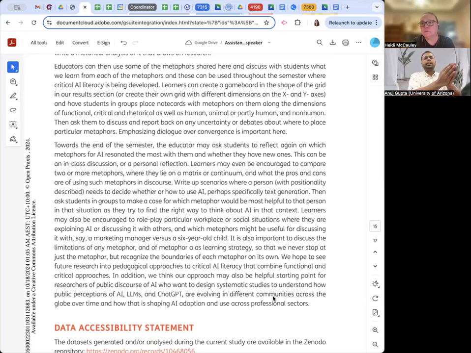I'm thinking that teachers, scholars, teacher scholars, people interested in education and AI are the ones who are going to be reading this. And we've just spoken about how public discourse around digital writing technologies really shapes our uptake and our psychology about them. And they have this understanding of the methodology that we did.